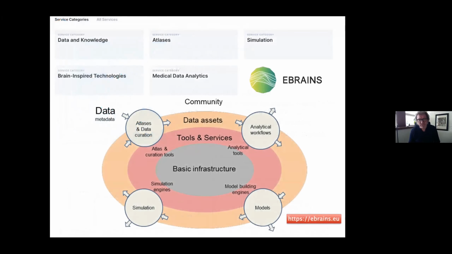And these processes are being supported by a very basic infrastructure that is composed of different types of tools.